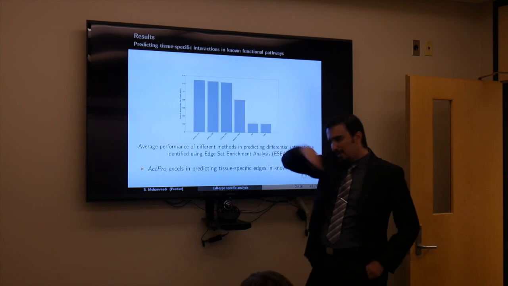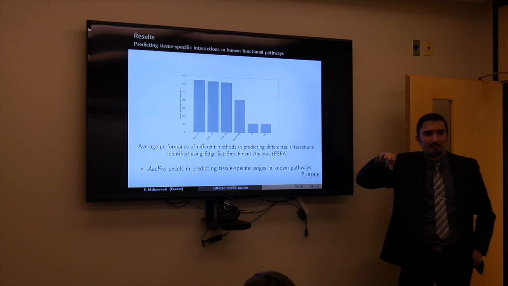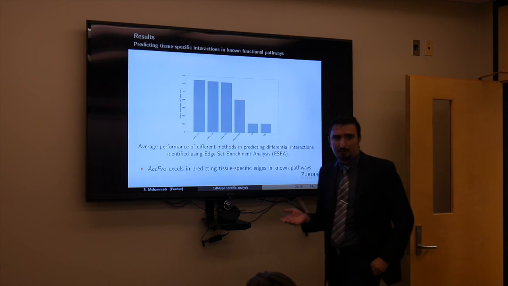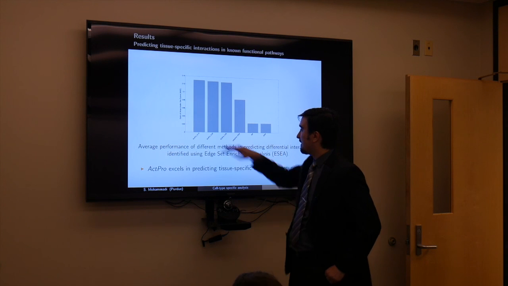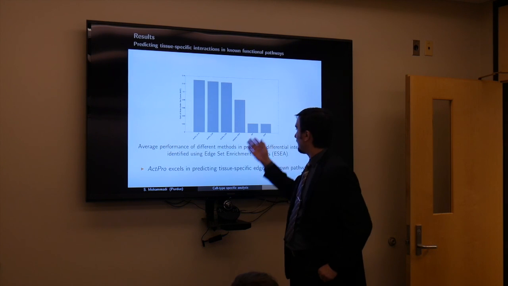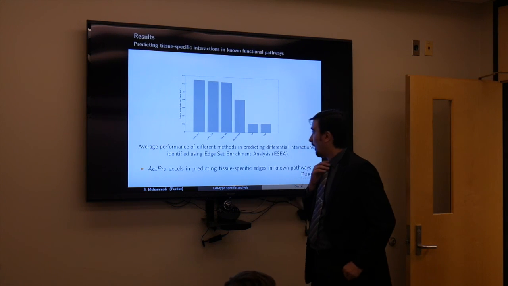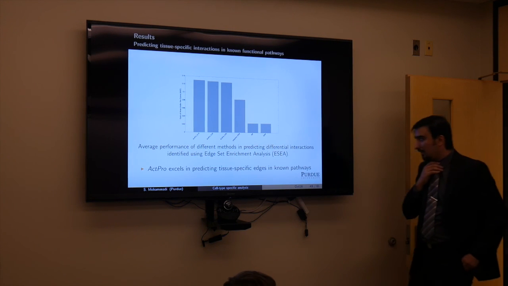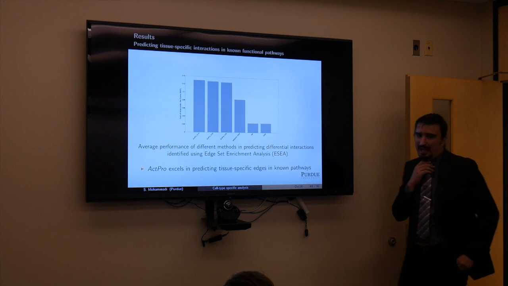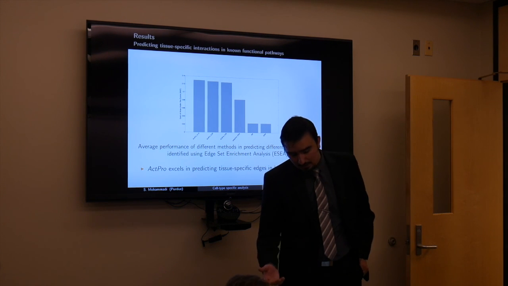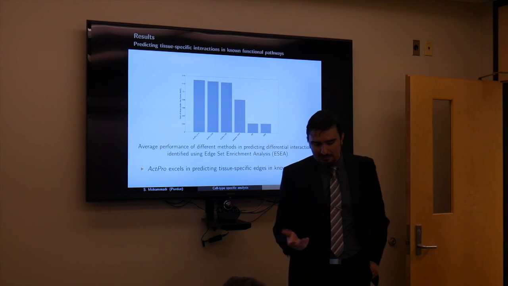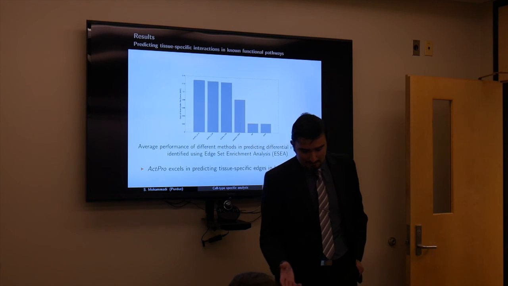The random baseline is 0.5, and we say how much better than 0.5 we get on average across all tissues. These three are ActPro, which is our method. These two are the other two methods, which act almost randomly. They don't predict any tissue-specific edges on average, and our method performs better.